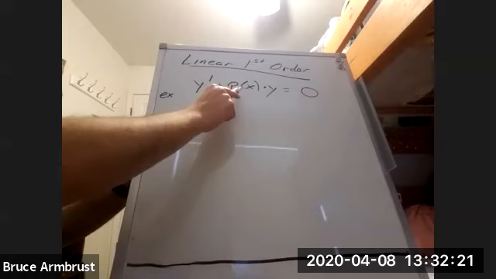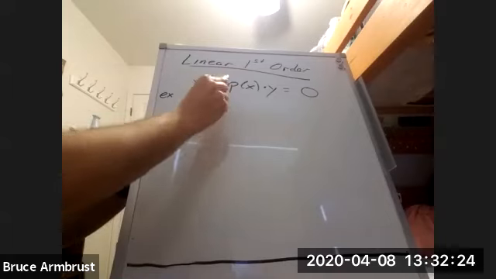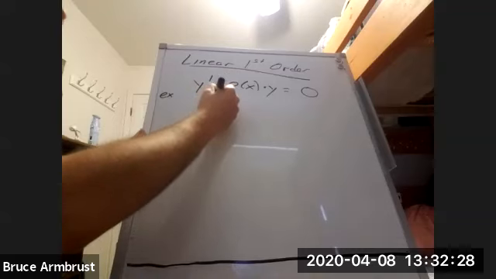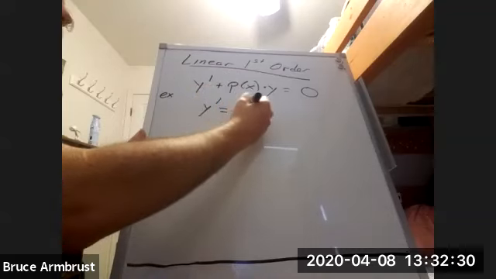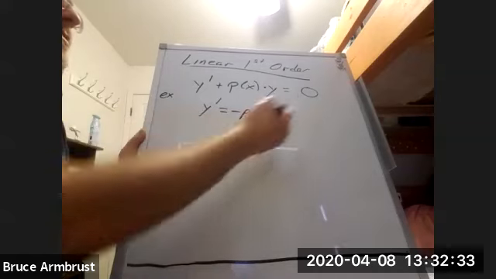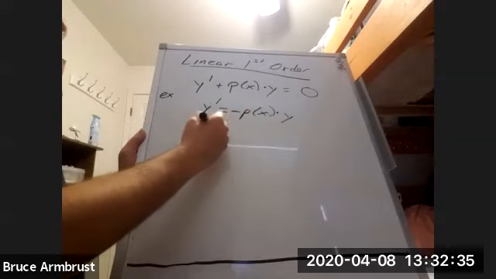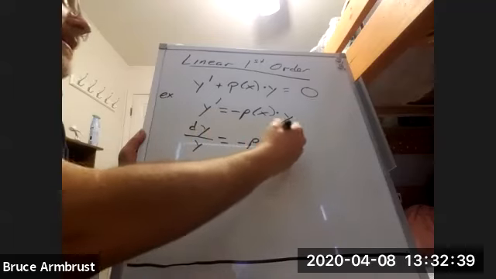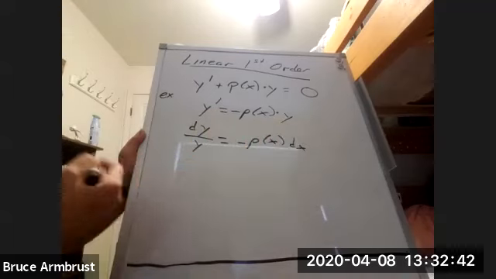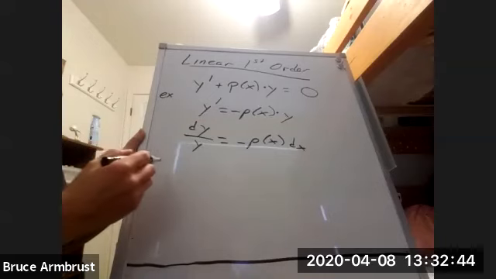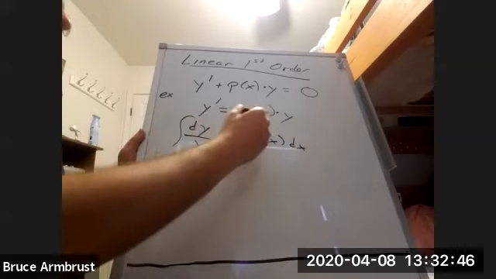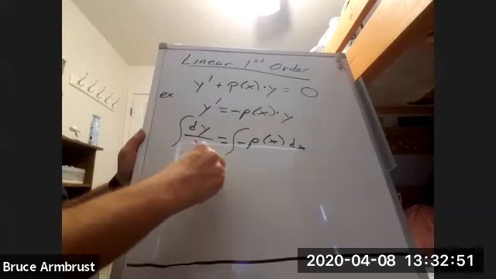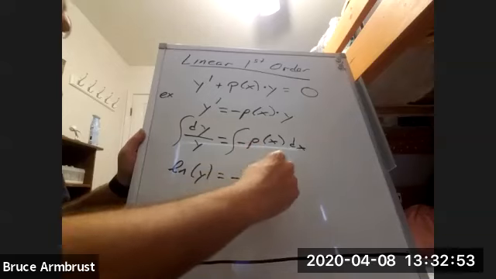So assuming nothing about this at all, other than it's not 0, let's see what happens. We have y prime equals negative p of x times y. If we do that whole separation thing, we're going to get dy over y is equal to minus p of x dx. At this point, we can go ahead and integrate again. So we're going to get the natural log of y is equal to the negative integral of p of x.